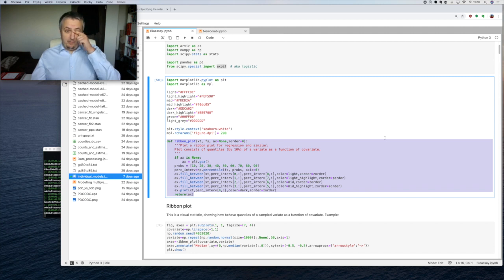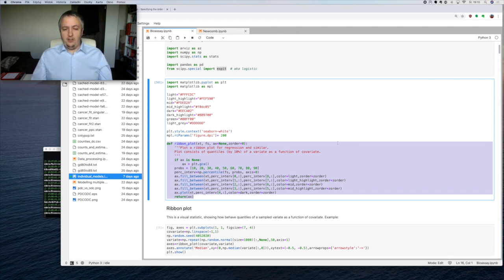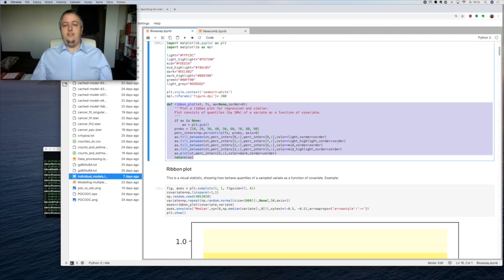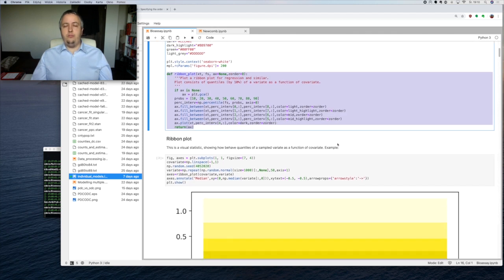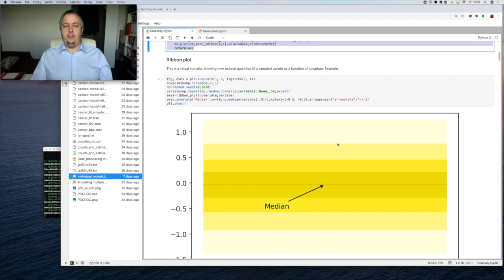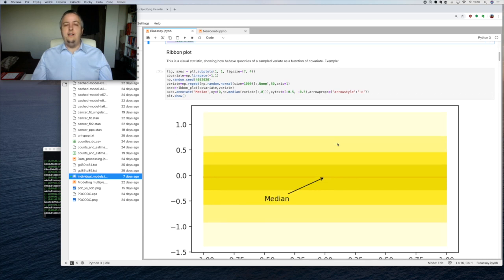And a few words about the ribbon plot before we move to the data. This is the plot that we can use to visualize our predictions or our models for situations when our model has a varying variable.